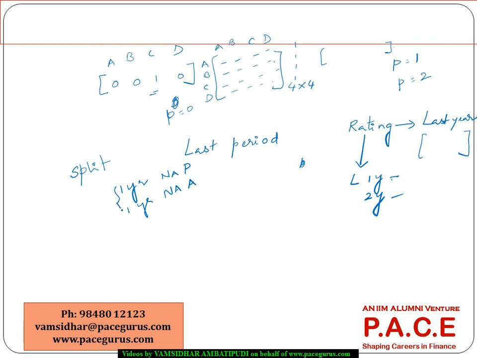So these two will go as two different states. Though we are talking about the no accident state, if the accident was not there in the year before that, we group it into one category, or if the accident was there in the previous year, we group it into another category.